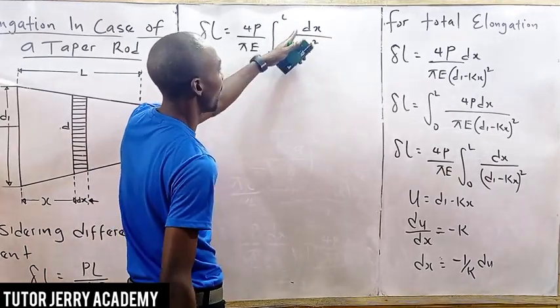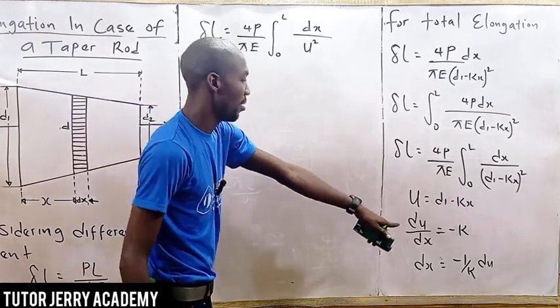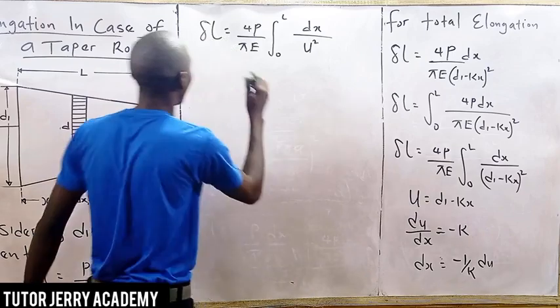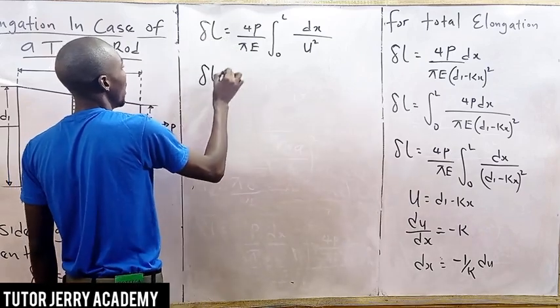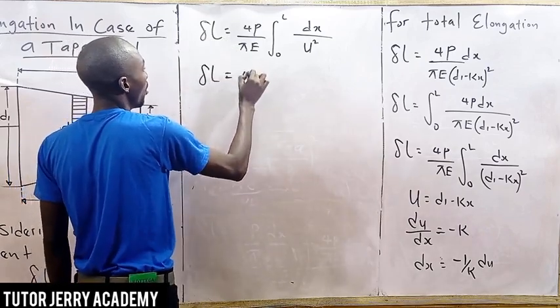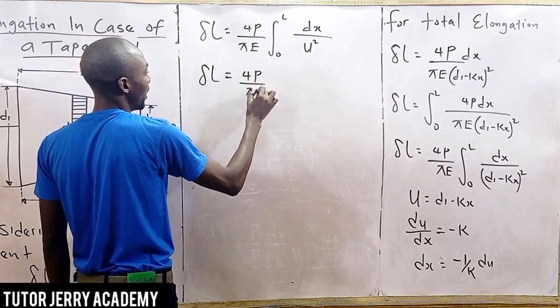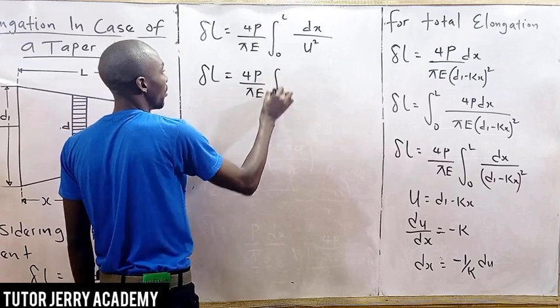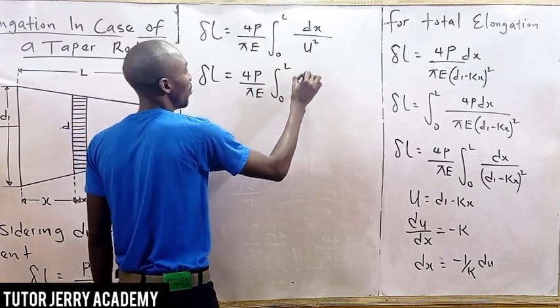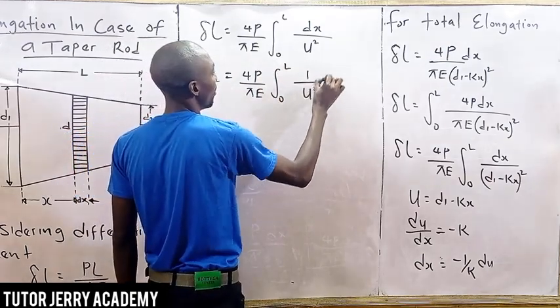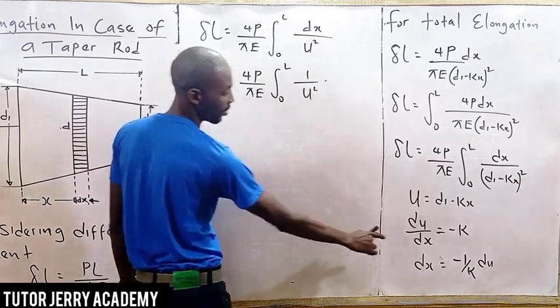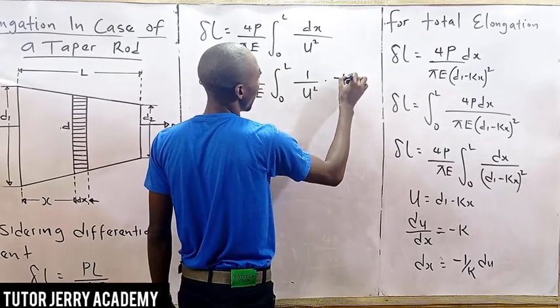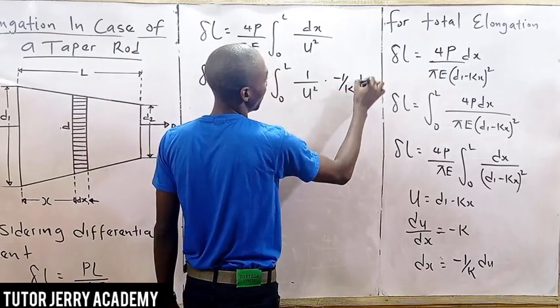All right, but don't forget our ds is equals to minus 1 over k u. So we can say the L will be equals to 4p all over pi e, then integration from 0 to L of 1 all over u squared multiplied by ds. What is our ds? The ds is minus 1 all over k u.